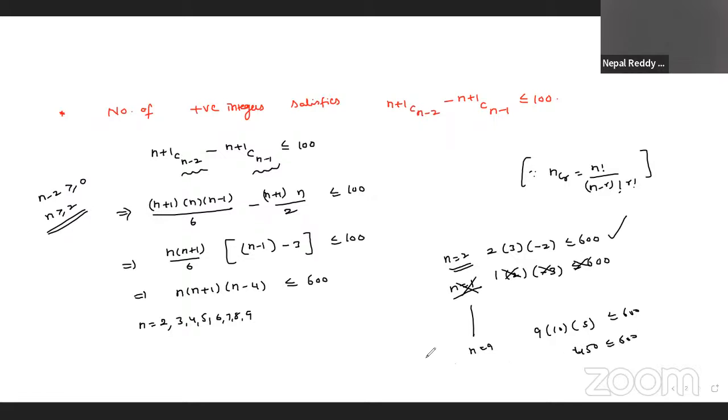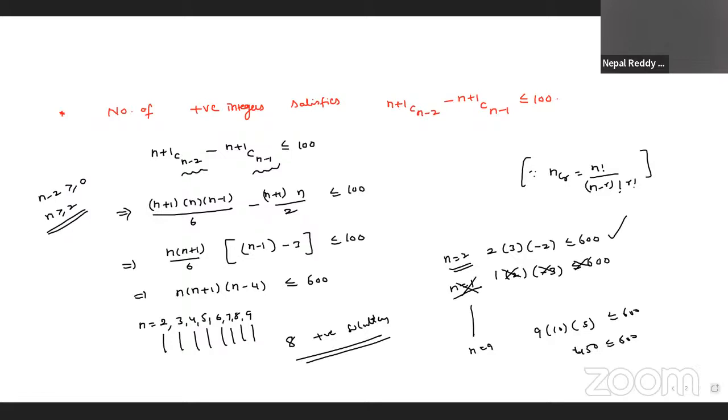If you select n value 10, it goes to 900. So only up to 9 are the values of n accepting the above condition, and hence 2, 3, 4, 5, 6, 7, 8. Therefore, 8 positive solutions are there. 8 positive integers accepting the above condition.